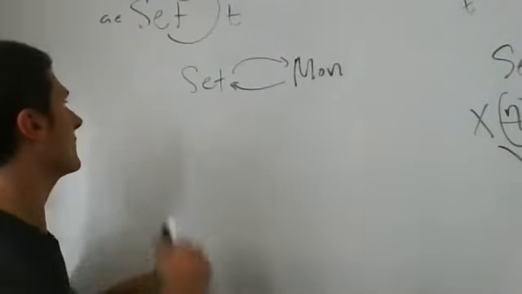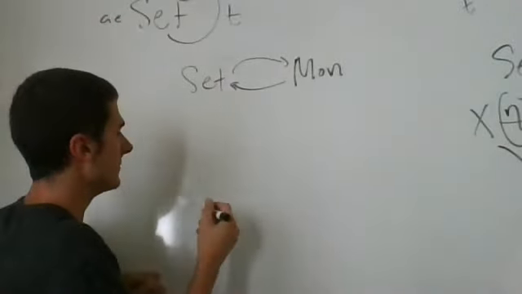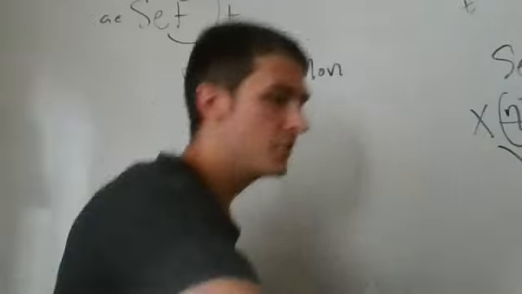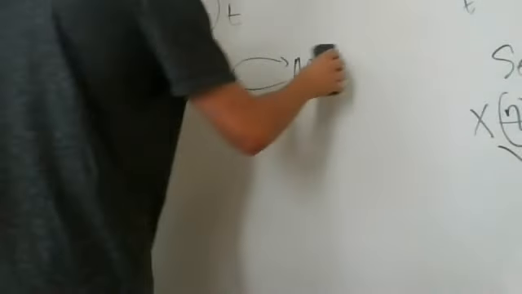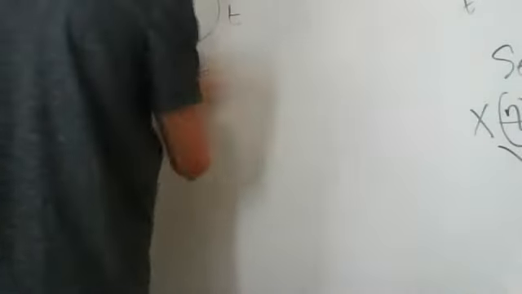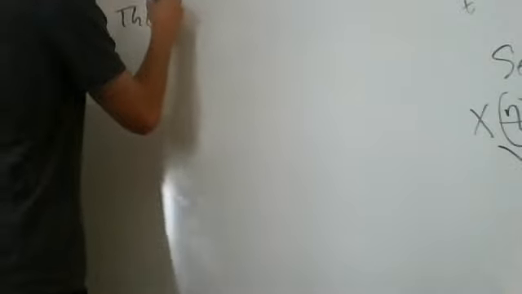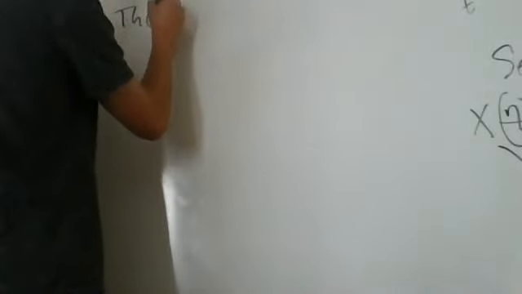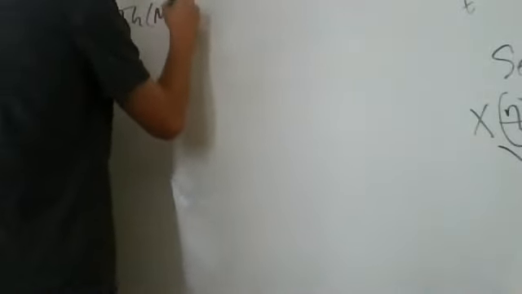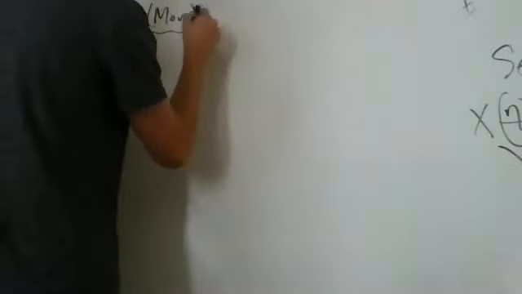So given any theory, you get an adjunction between, so let's say you have some theory like the theory of monoids.